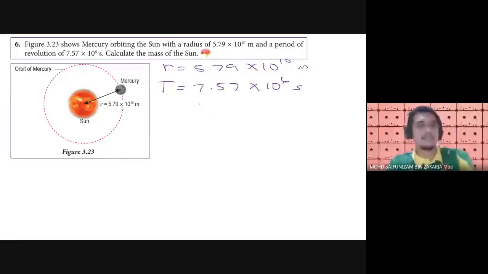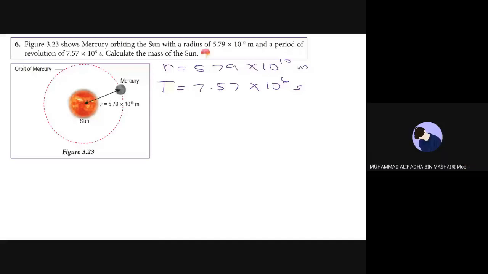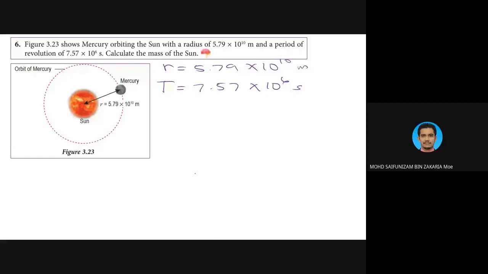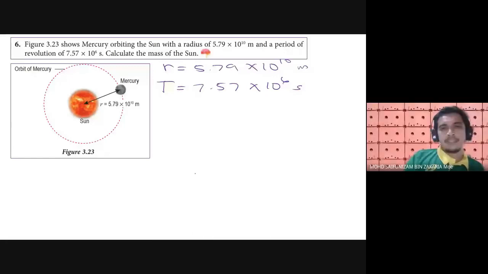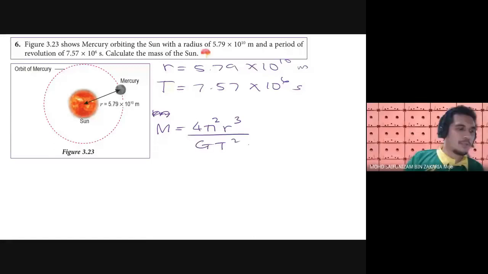Okay, which equation should we use? M equal to 4 pi squared R cubed over G T squared. So with this equation, we find the mass of the Sun.